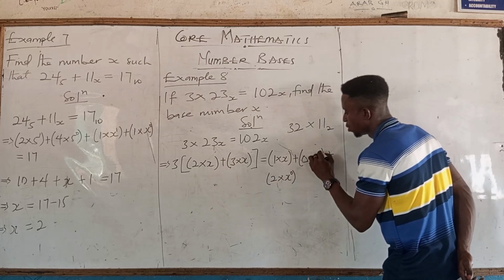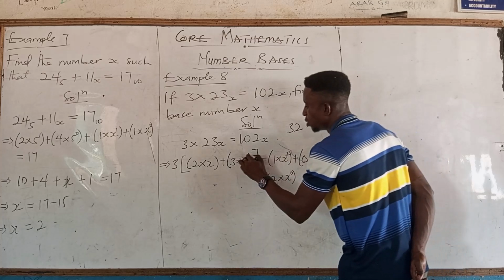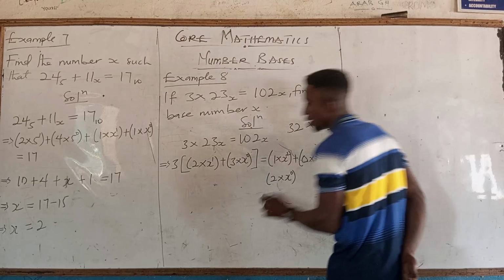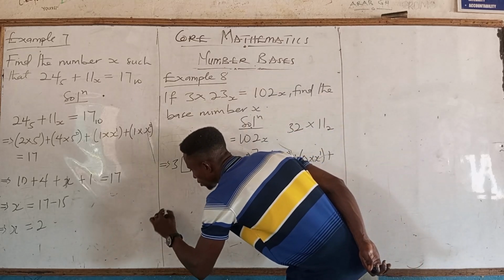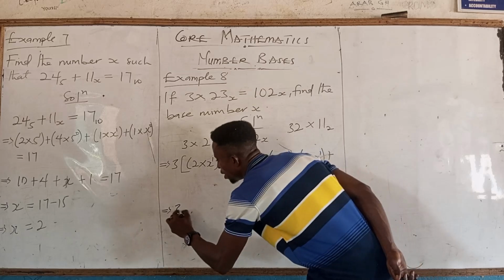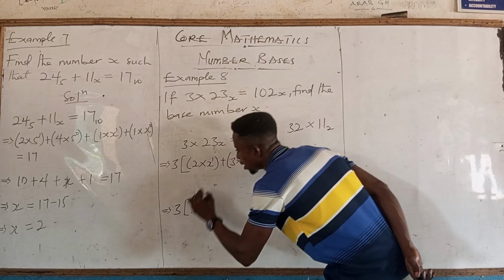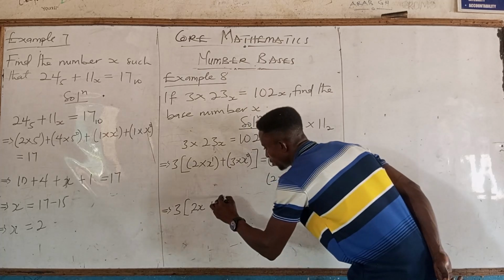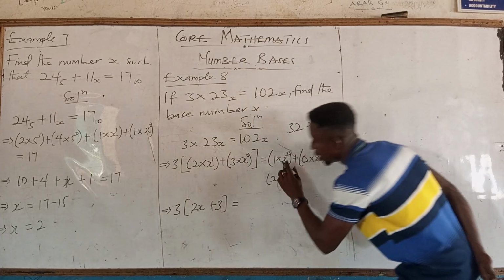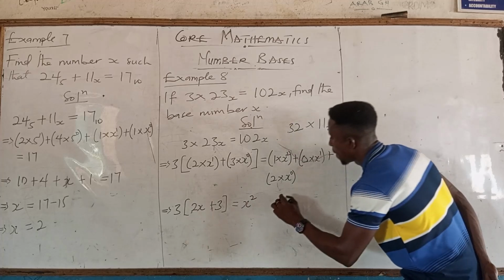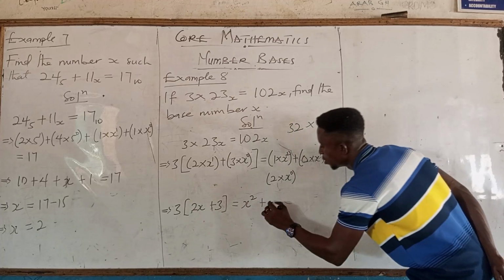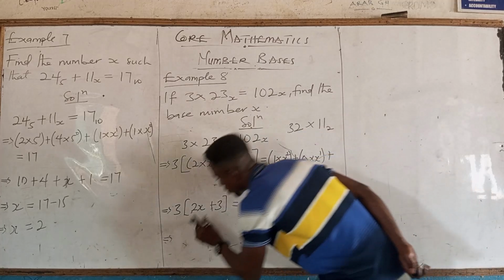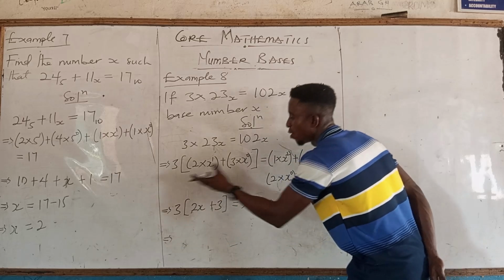So I have 0, 1, 2, 0, 1 for this, and for this is that. Then proceeding, we'll get 3 into the bracket 2x plus 3, which is equal to x squared plus 0 plus 2.